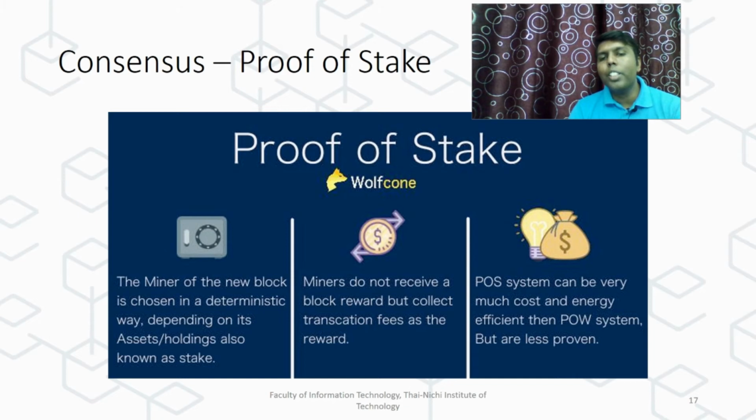Miners do not receive a block reward but collect transaction fees as a reward. So for each transaction, these miners will be provided with a particular amount of income. Proof of stake systems can be much more energy efficient than proof of work systems, but are not much proven yet.